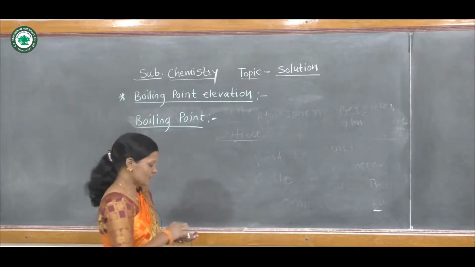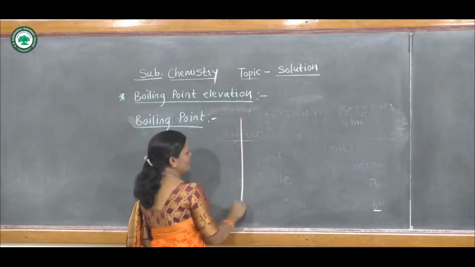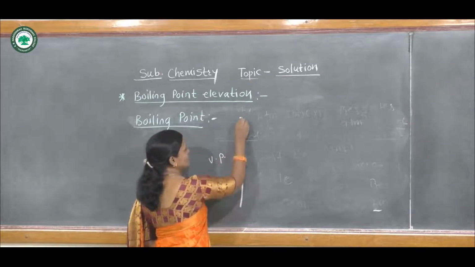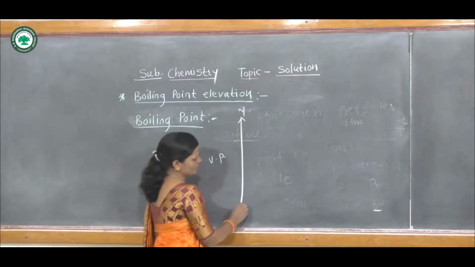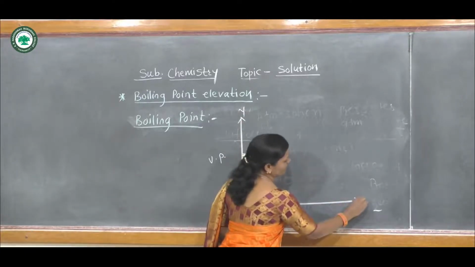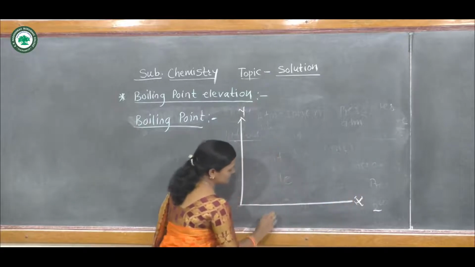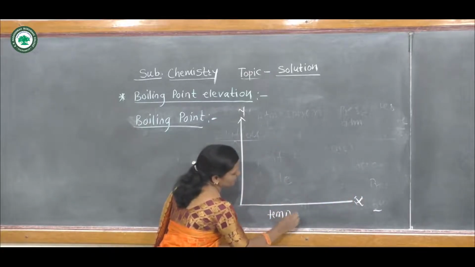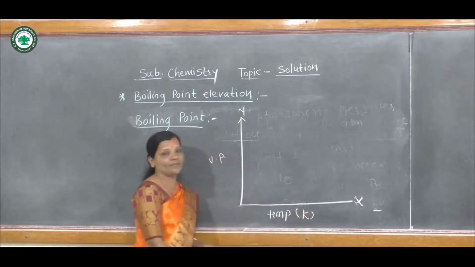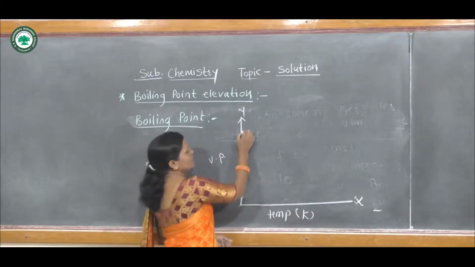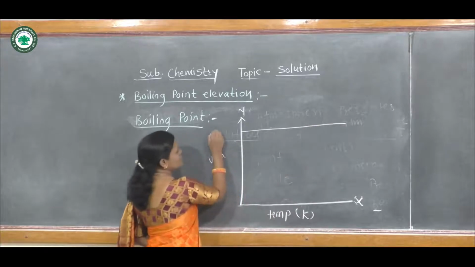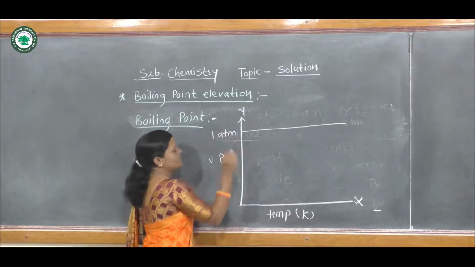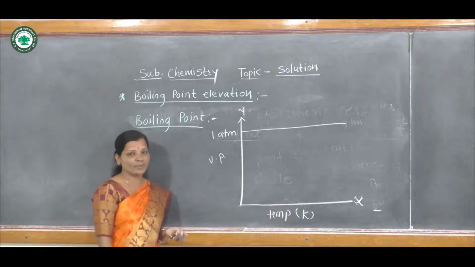For example, consider vapor pressure on the y-axis, and on the x-axis consider temperature in terms of Kelvin. Here one of the lines is considered, and that line indicates the atmospheric pressure, that is 1 atmospheric pressure.